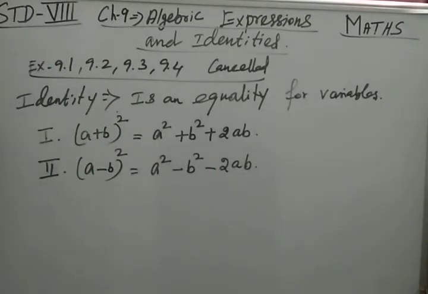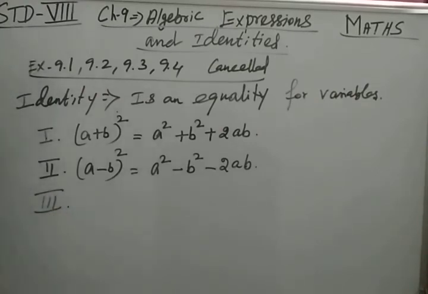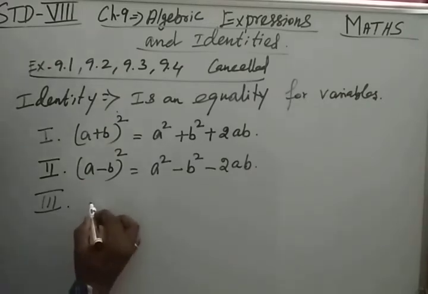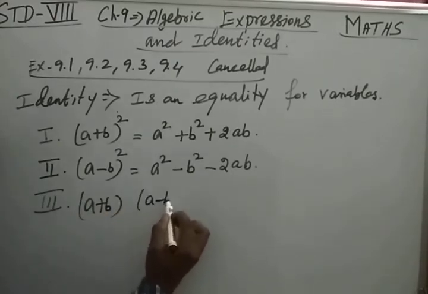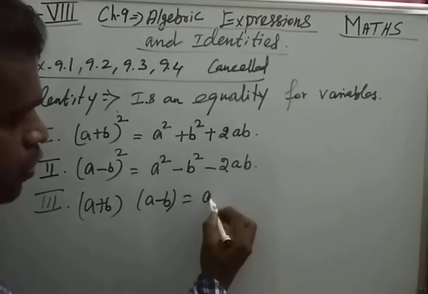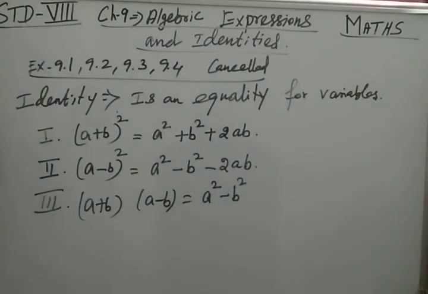Then the third identity: (A plus B) into (A minus B) is equal to A squared minus B squared. This is the third identity.